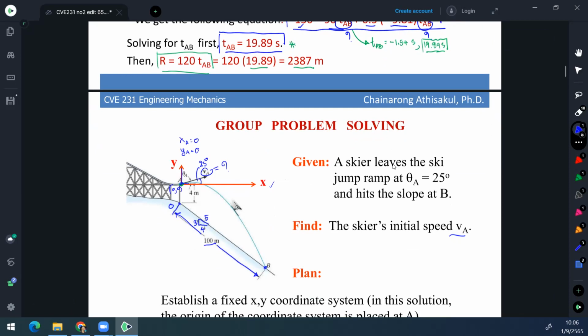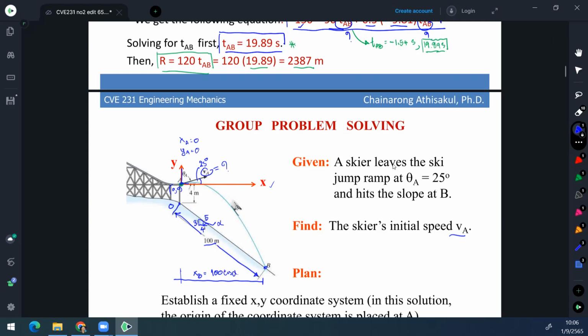And at the final position, what does XB become? XB is 100 cosine alpha, where this is angle alpha, right?